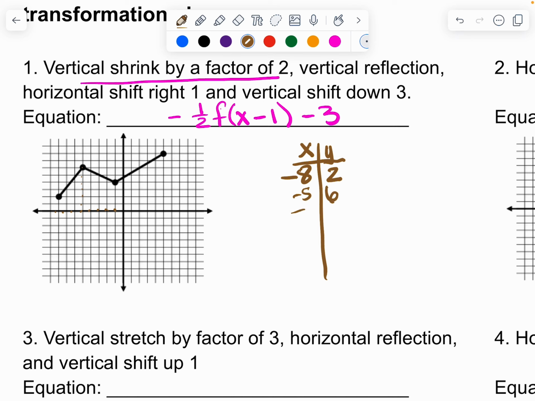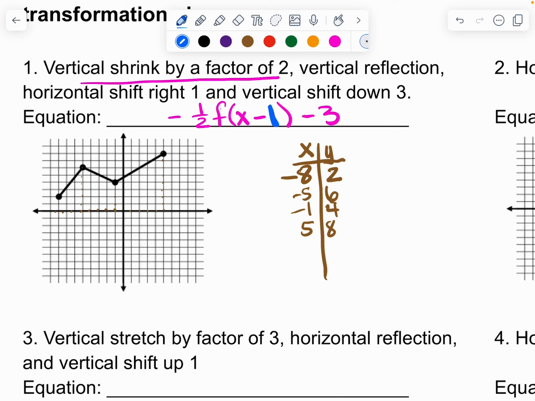And this is -1, 1, 2, 3, 4. And this is 1, 2, 3, 4, 5. 5, 8.